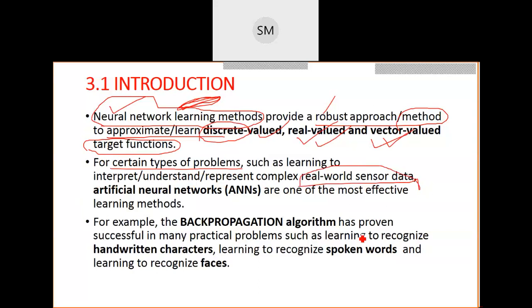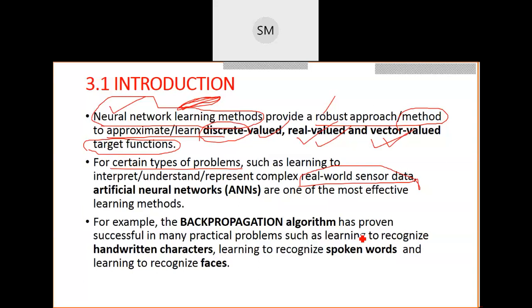In the beginning I told you this model is very interesting because in previous models you studied problems like checkers, playing tennis, with the help of algorithms like the candidate elimination algorithm, Find-S algorithm, the List-Then-Eliminate algorithm, the ID3 algorithm, and C4.5. Actually, you have not studied C4.5 in depth, just how it works. This is an extension to our basic ID3 algorithm. We have studied all these algorithms, right?